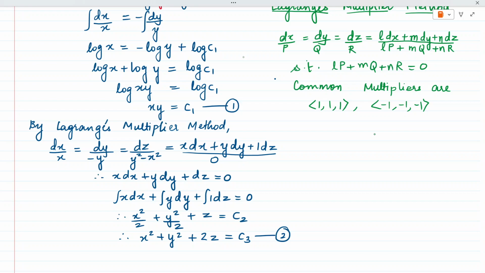Two of them are 1, one is minus 1, or two are minus 1, one is 1. Whichever way, a combination of 1s and minus 1s. You could have x, y, z. You could have, yes, please. By Lagrange's multiplier method, after that, this plus y dy is minus y dy.